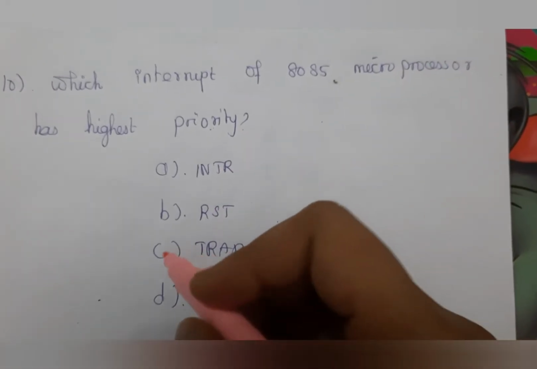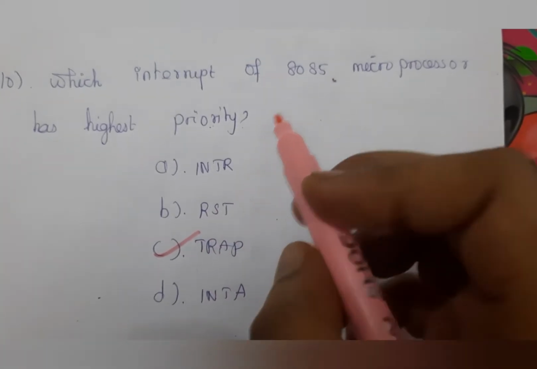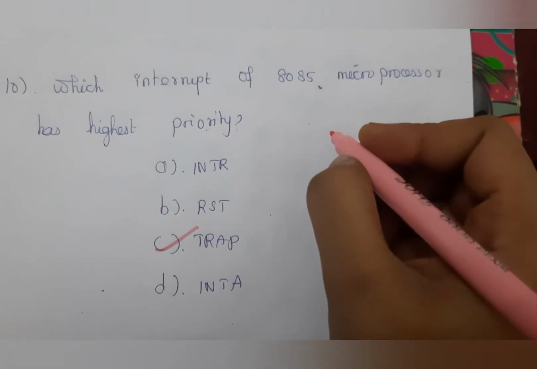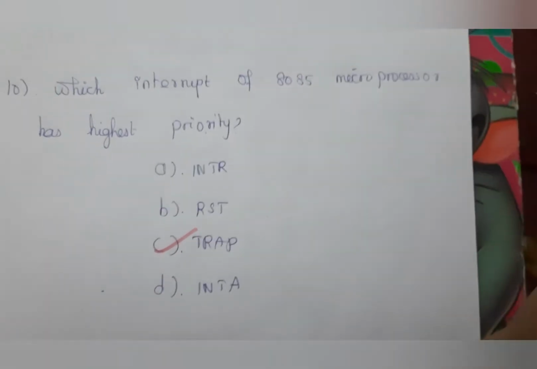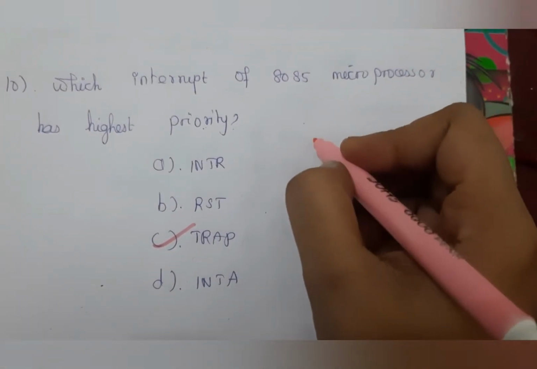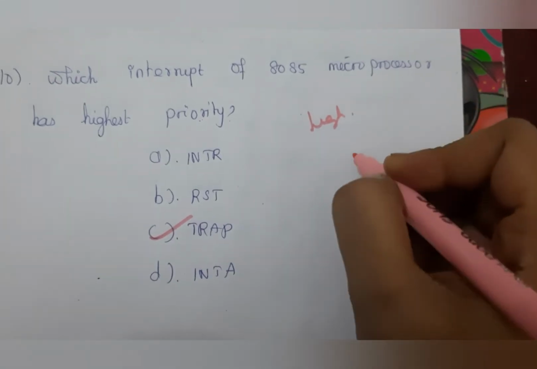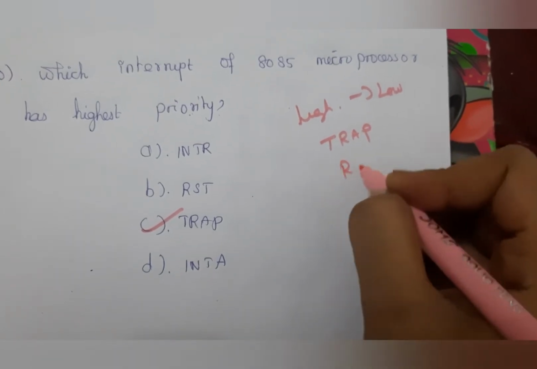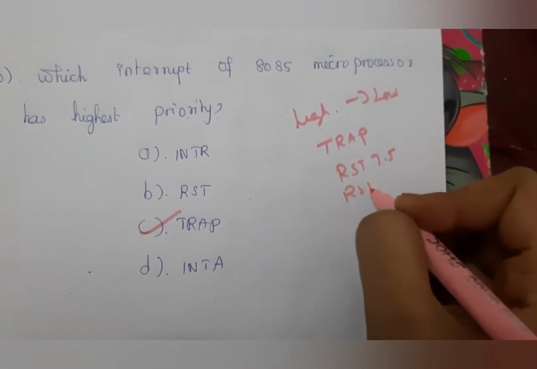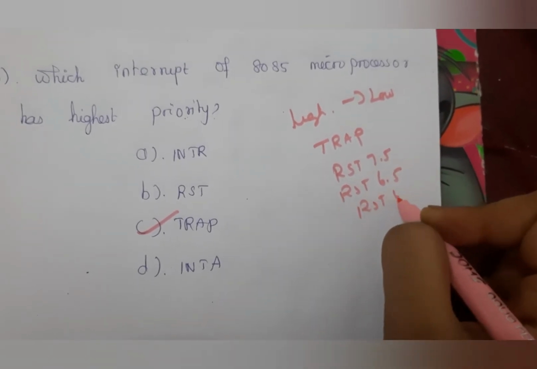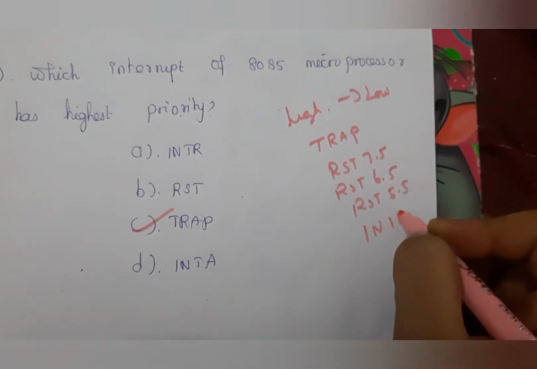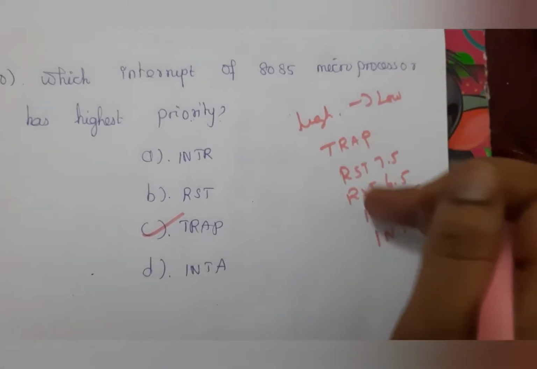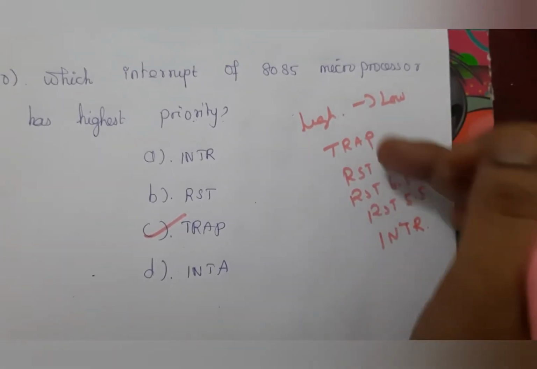Trap has the highest priority, and INTR has the lowest priority. 8085 has 5 hardware interrupts, and the priority from highest to lowest is: first trap, next RST 7.5, RST 6.5, RST 5.5, and last one is INTR. So the lowest priority is INTR.